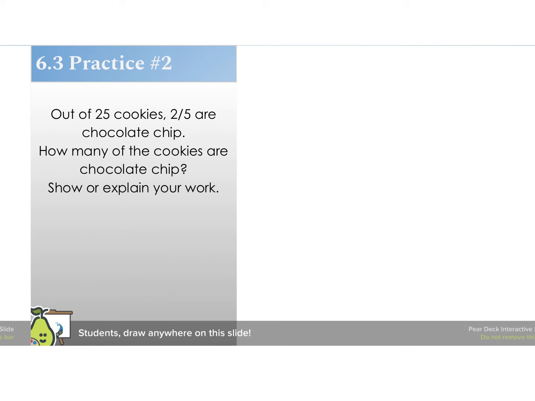Next question: out of 25 cookies, 2/5 are chocolate chips. So we have 2/5 of 25. Now the larger the numbers get, the harder it is to do the picture. So I'm just going to do some quick dots, and let's pretend that's 25. So 5 in each. There's 5 groups.